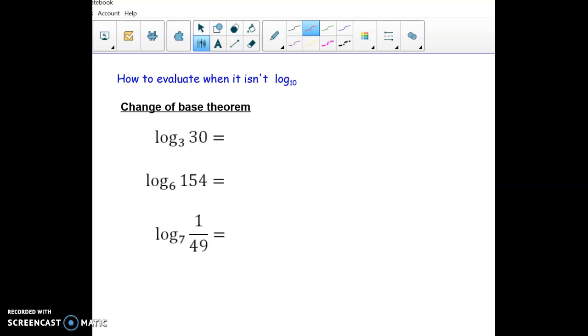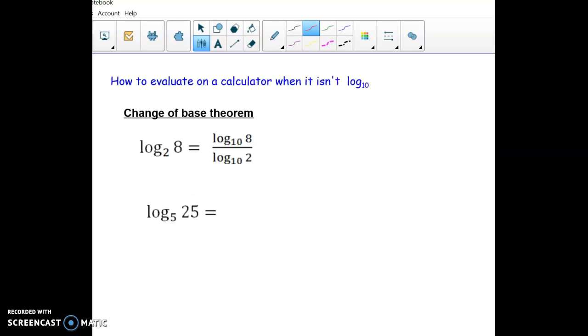Okay, so the final thing I want to mention is there's something called the change of base theorem, which I do think they ask you about on the test. So we just did log base 2 of 8 with our fancy button on our calculator. But if you didn't have that button, maybe you've got an older calculator or something, you can still do a non-base 10 log by doing what's called the change of base theorem.